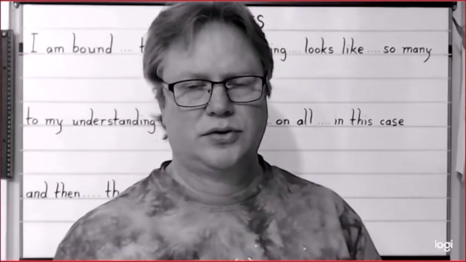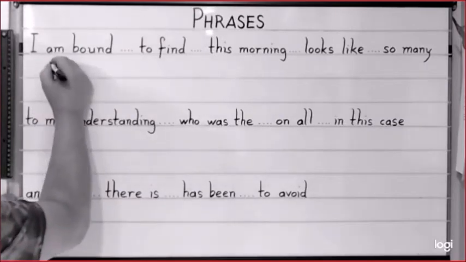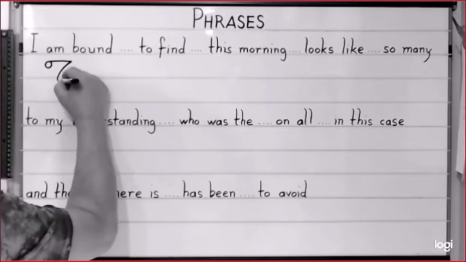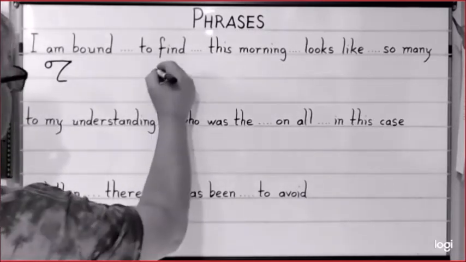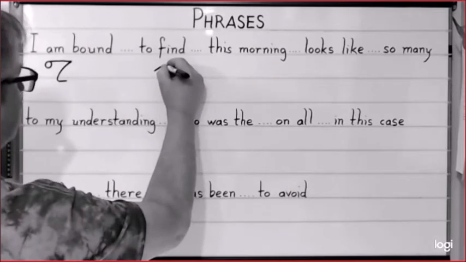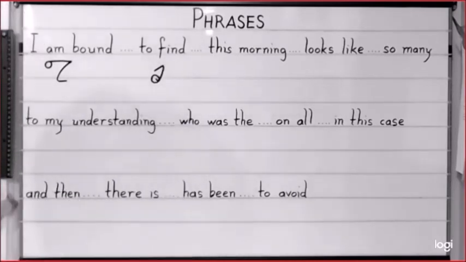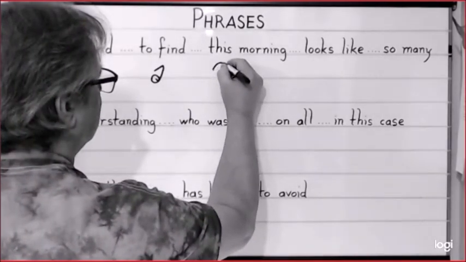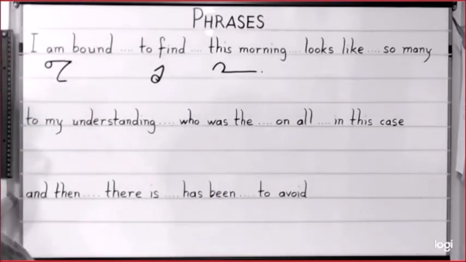And now, on to the phrases. The phrase I am bound, it is the A, M, B, N. To find, it is a T, and then an F, a long I. This morning, it is the TH and the S for this, and then the M stroke, and the dot ing.